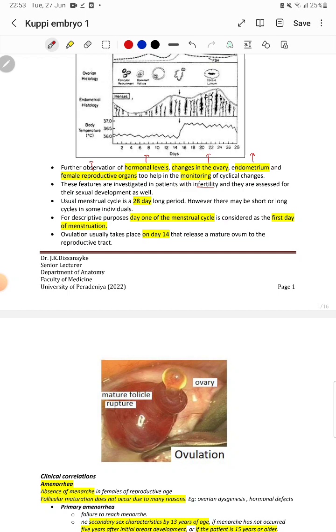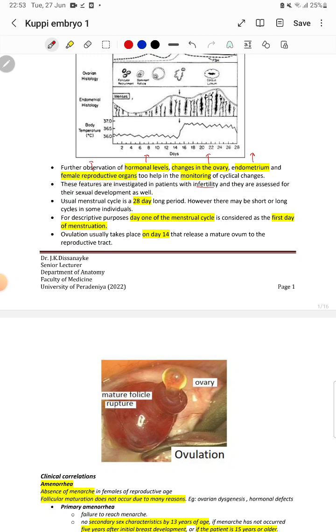If you monitor these cyclical changes, any abnormalities will help you diagnose and discuss whether this person is suffering from infertility or not. They also tend to be assessed on their sexual development. I'll get to that in a bit.